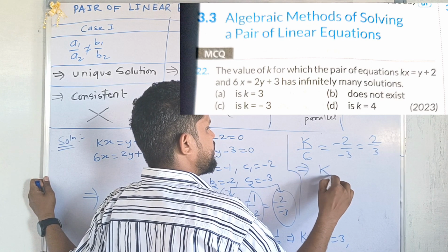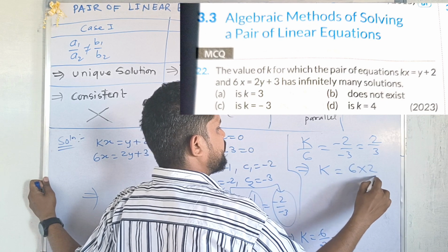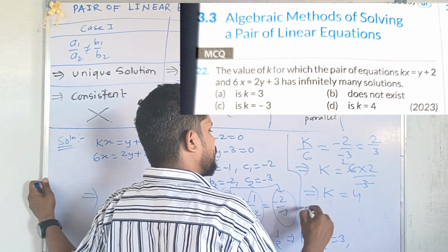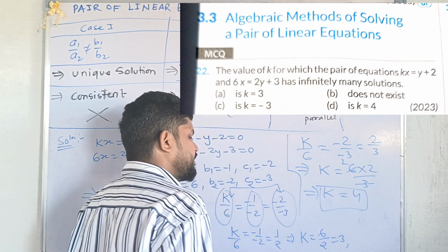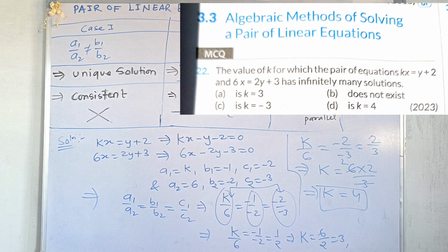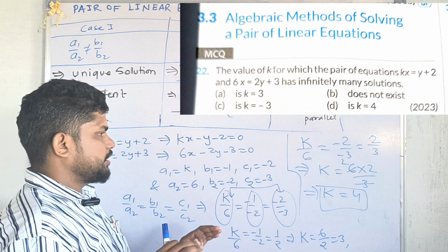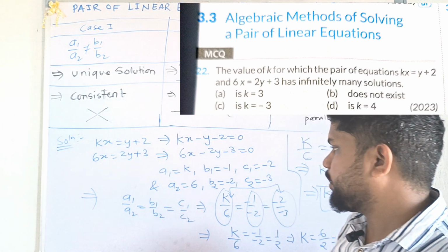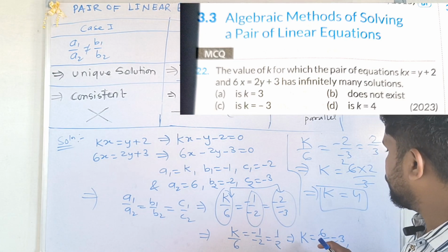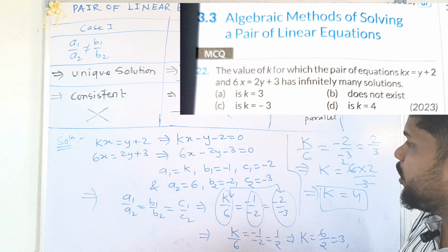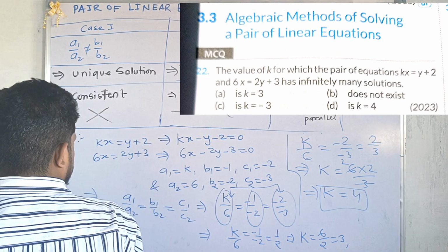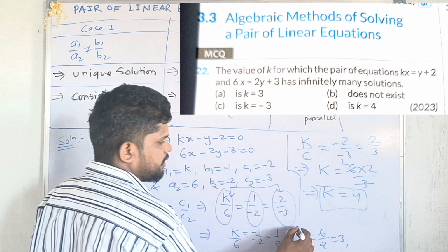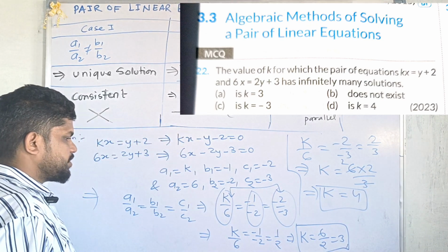That is, the value of k is 6 into 2 divided by 3. Here it is 4. Here I think option number B, that is, the value of k does not exist, should be the correct option. Yes, the value of k does not exist is the correct answer, because here we are getting two options.